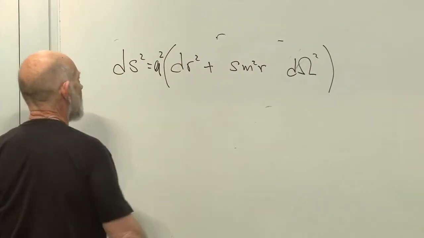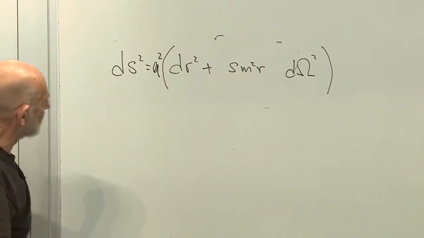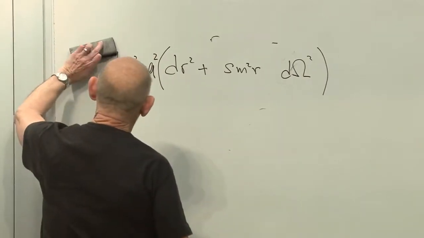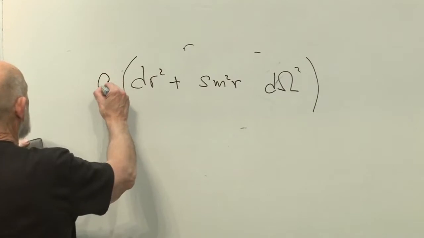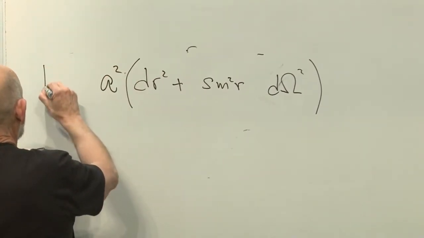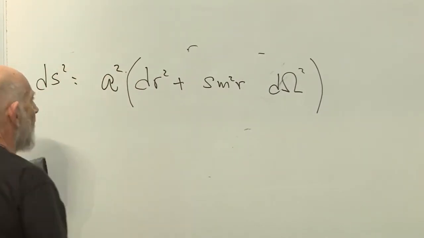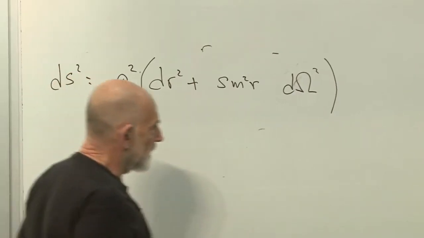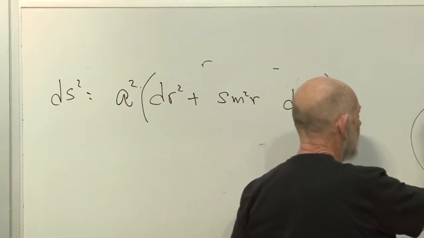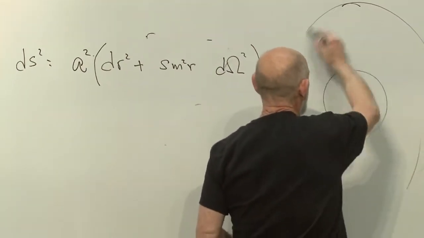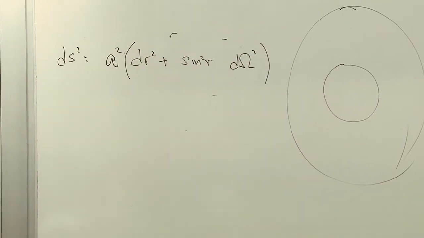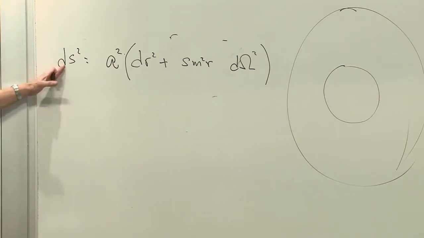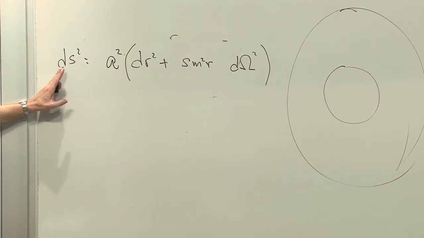If the fixed radius of the sphere is a, then the metric is exactly the same, except we multiply it by a squared. Here's the unit sphere, and here's the sphere of radius a, and we just multiply it up. Why a squared? Why not a? Well, because this is the square of a distance.